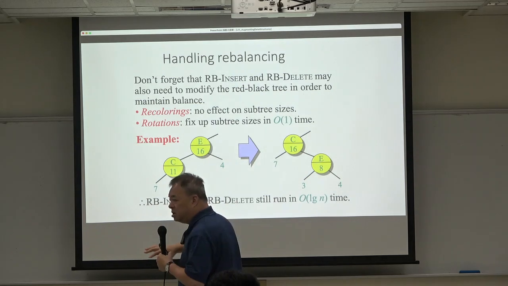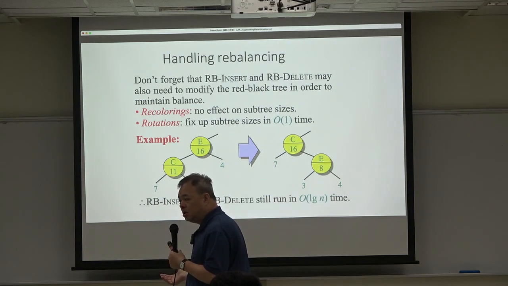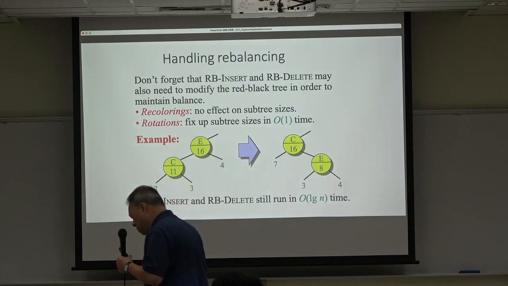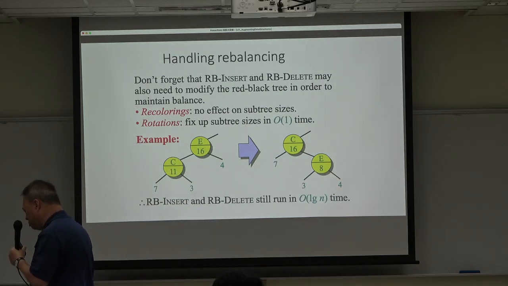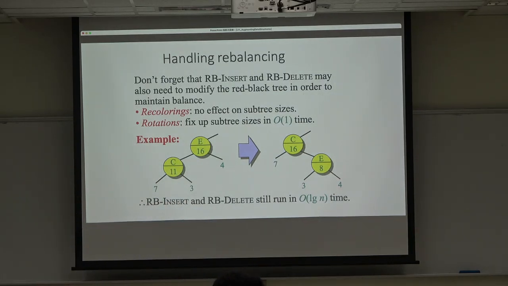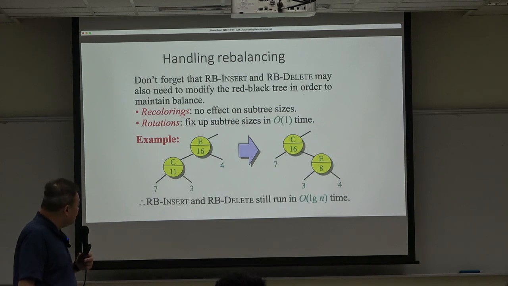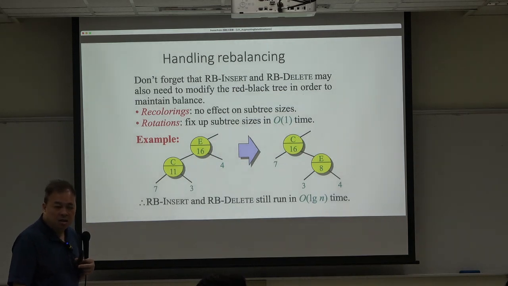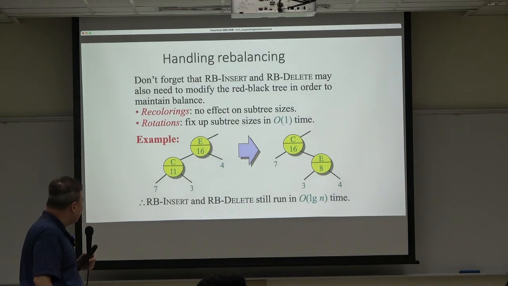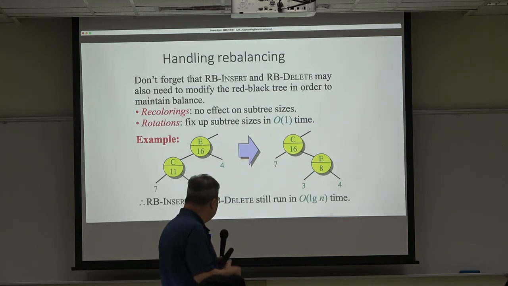For left rotation, it's similar. I just want to provide this to you, the rotation. Even if you include the size in each node, it can be maintained in a very efficient manner in the red-black tree.